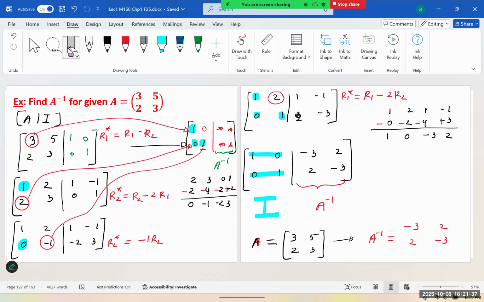Did I make a mistake anywhere in any step? So this one should be 5, as far as I know. So I made a mistake.